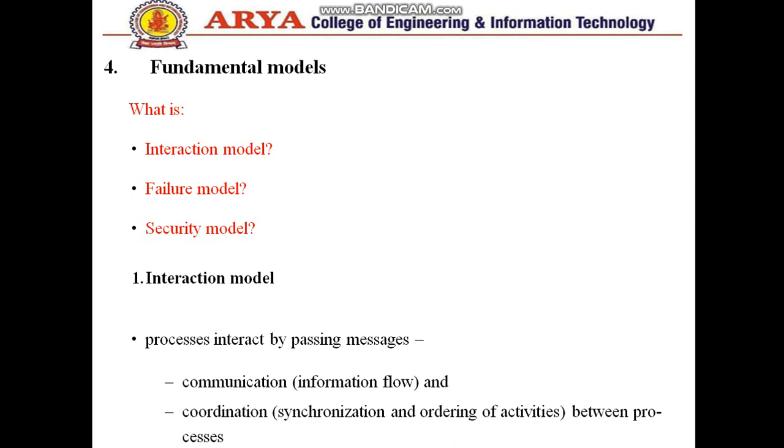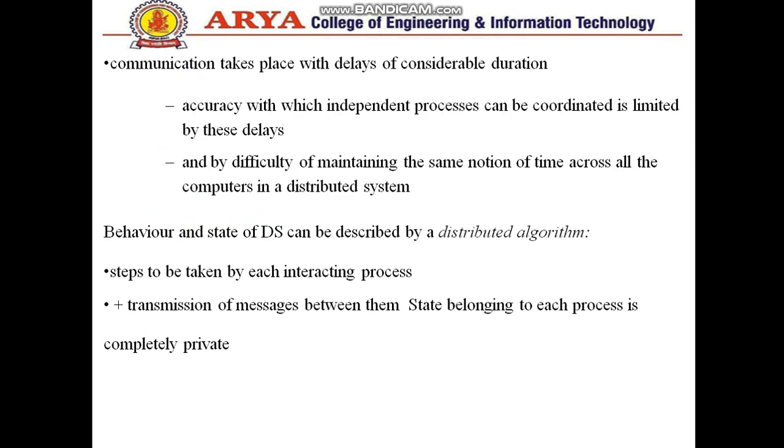We can say the process will synchronize with the other process, or the ordering of the activity between the processes. Communication takes place with delay of considerable durations. Accuracy with which independent processes can be coordinated is limited by these delays.